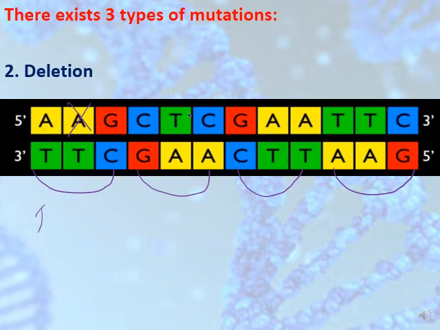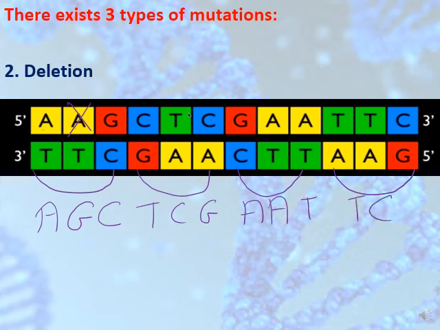So it becomes A. A is deleted, so we have to shift it here. So G, C, T, C, G, A, T, and then we have T, C. So we have 1 deleted nucleotide. What will happen? We'll talk about this next.